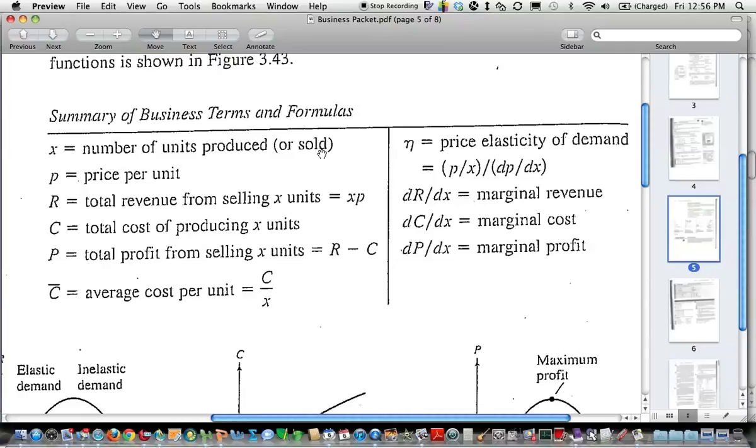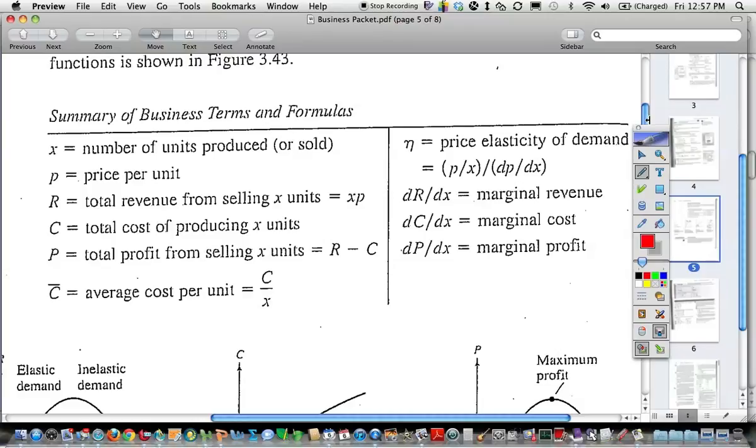So if you would look at page 216 in this little packet, there's this table on page 216 with some business terminology.